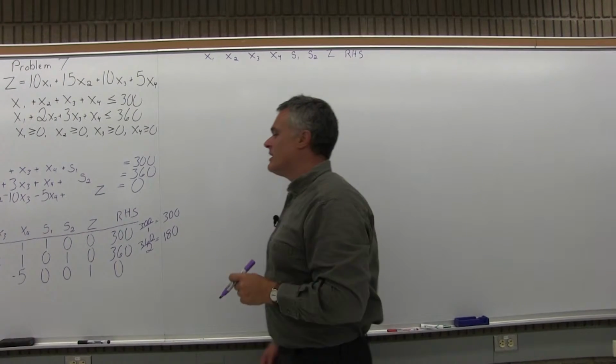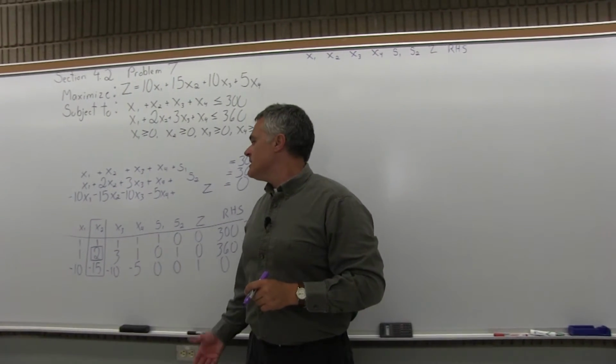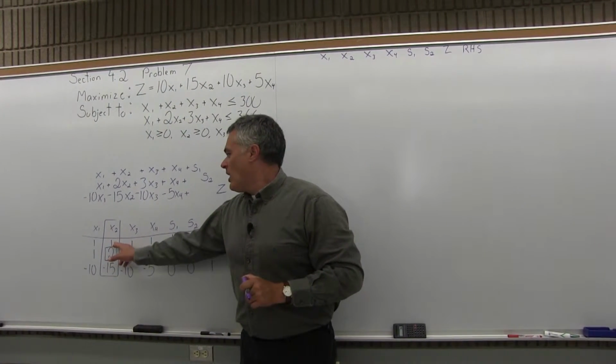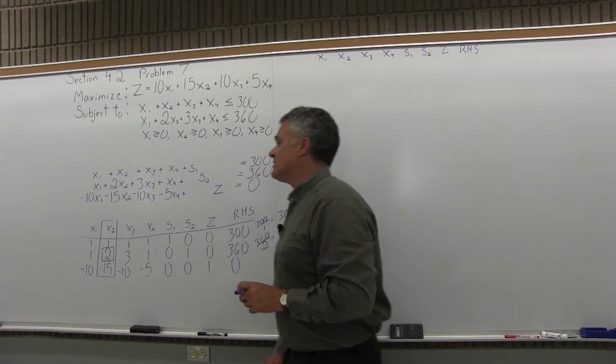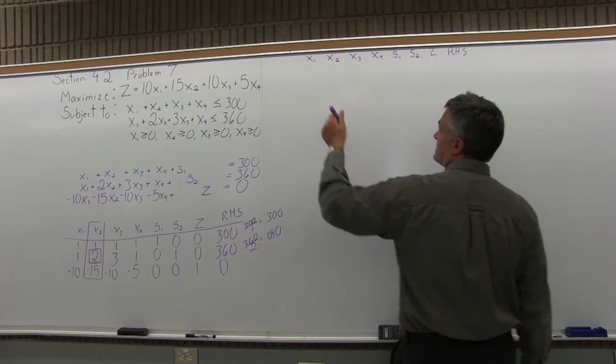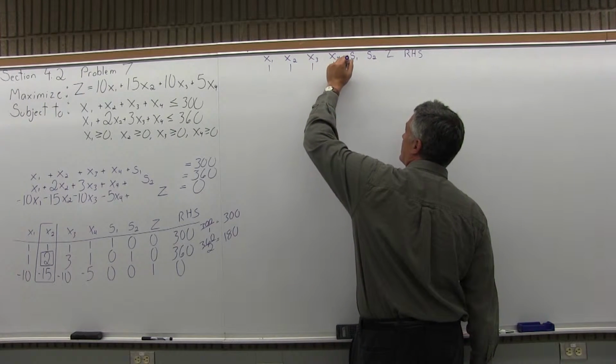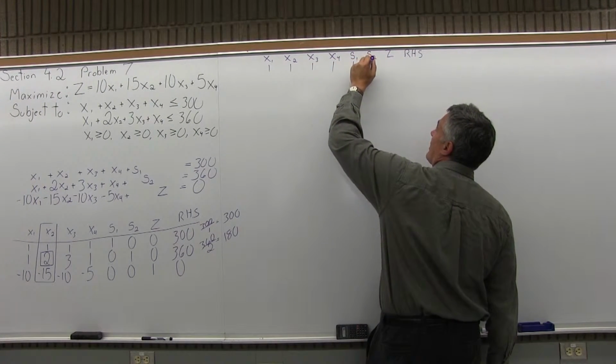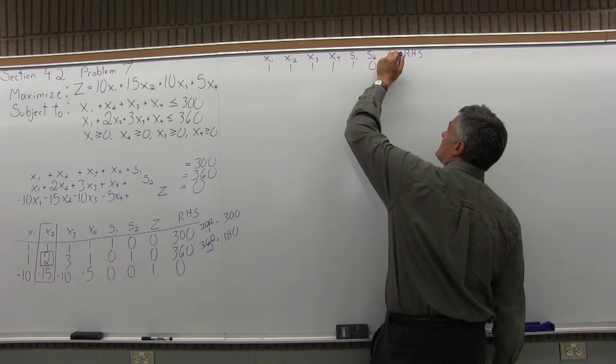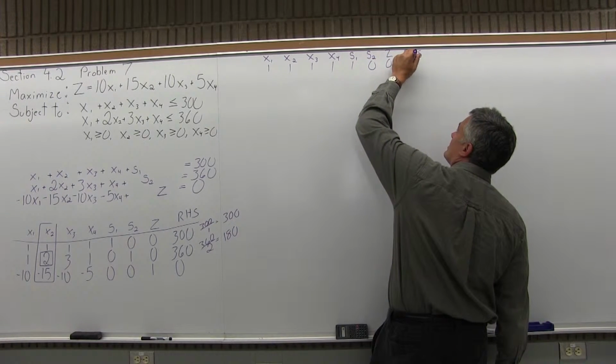Now as I make the next tableau, row 1 isn't going to change at this point, so I'm just going to copy row 1 the way it is. x1 gets a 1, x2 gets a 1, x3 gets a 1, x4 gets a 1, s1 gets a 1, and now s2 gets a 0, z gets a 0, right-hand side gets a 300.